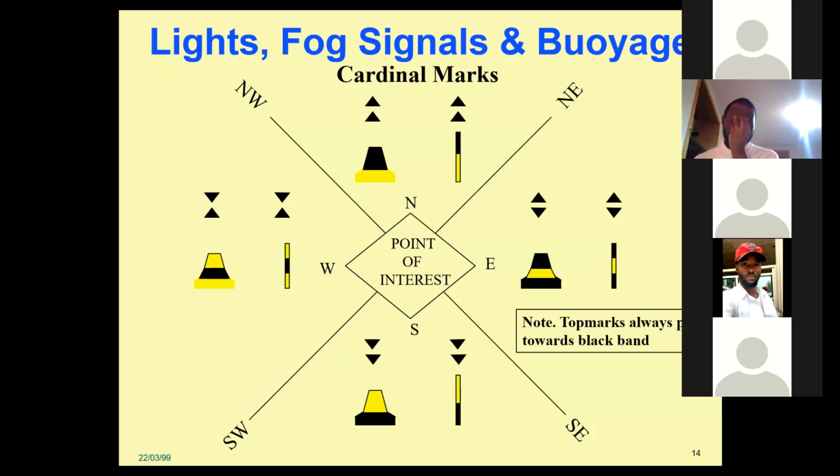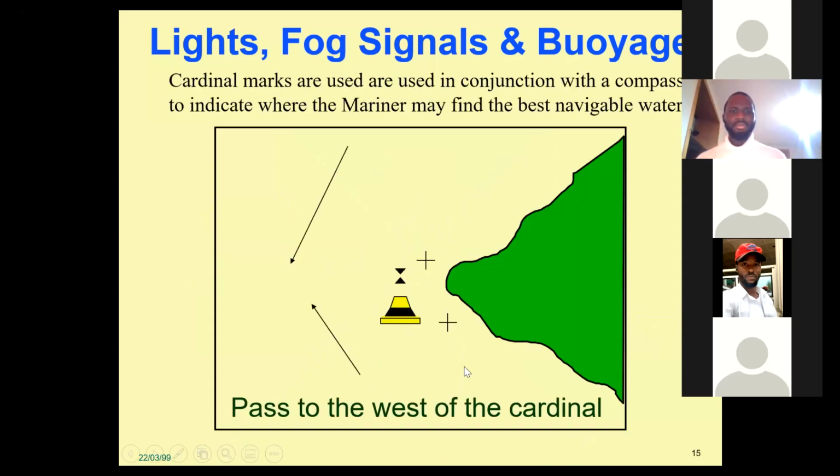The north, which is 12, we take as continuous. We take east as 3, south as 6, and west as 9.